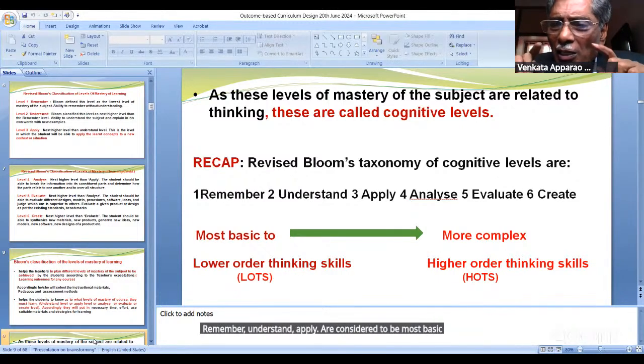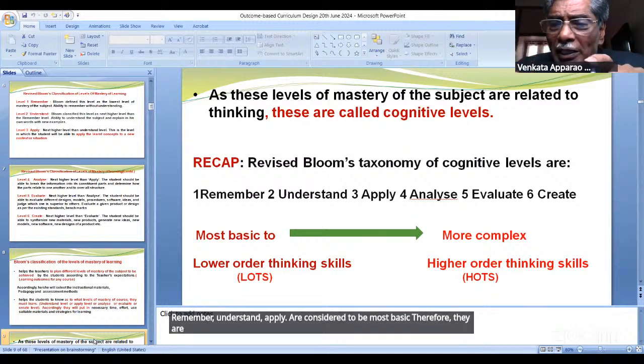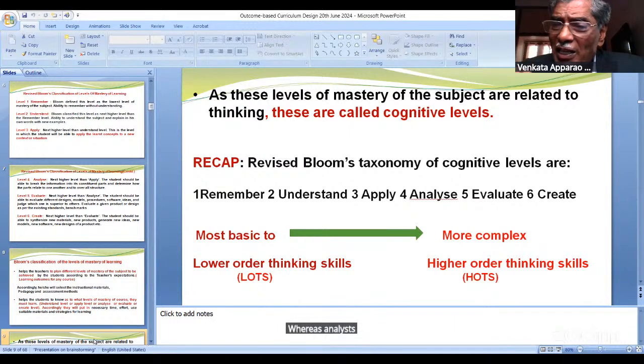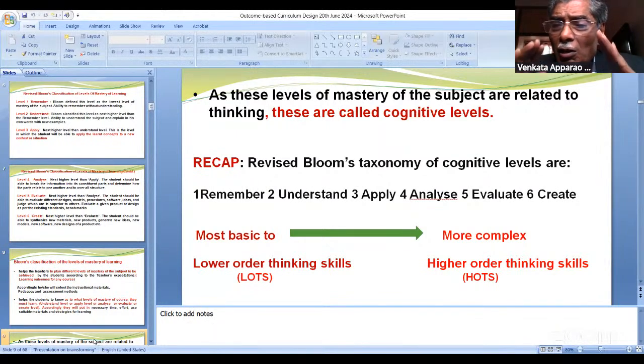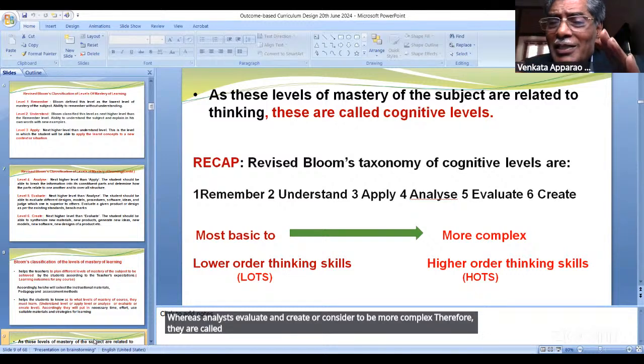Therefore, they are called lower order thinking skills, LOTS, whereas analyze, evaluate, and create are considered to be more complex. Therefore, they are called higher order thinking skills, HOTS, right?